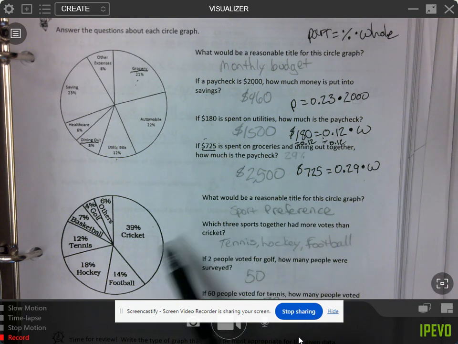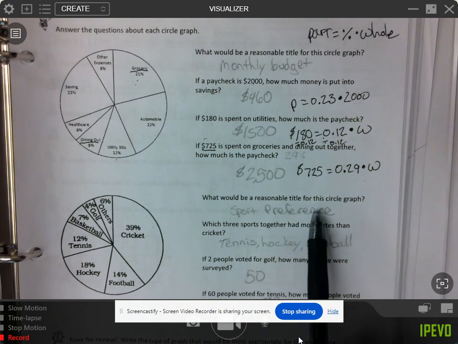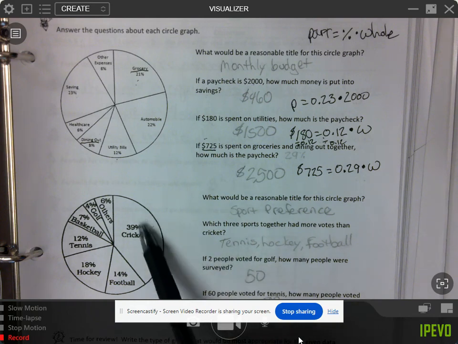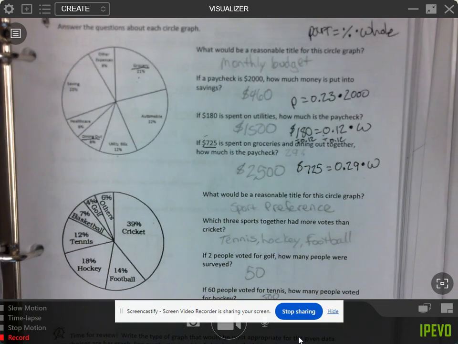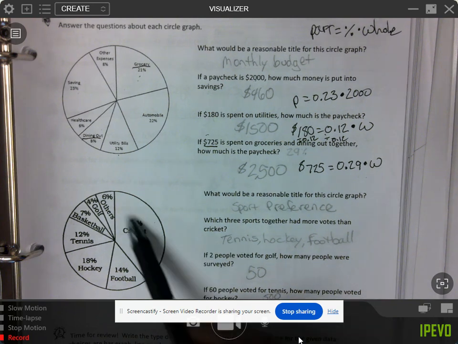Let's look at our next circle graph. What would be a reasonable title for this circle graph? I put sport preference because there's all these different sports that are listed in there. What did you guys put, Claire? Sports. Yeah, even just calling it sports, that would be fine because they all have to do with sports.